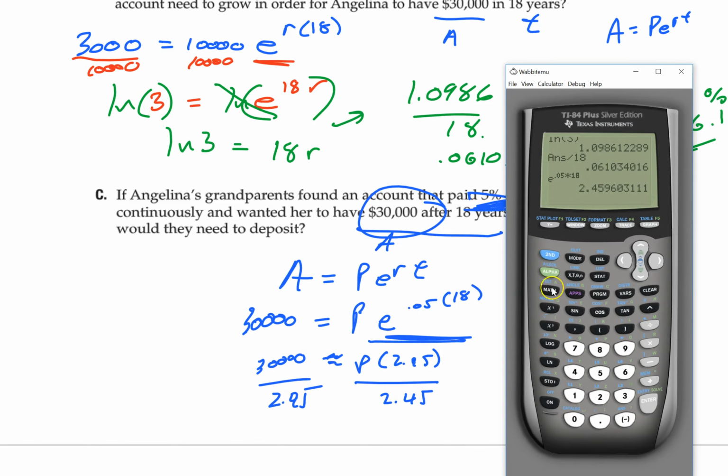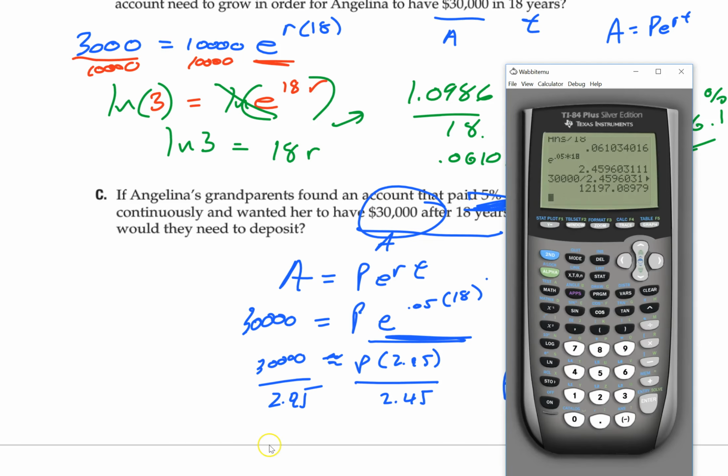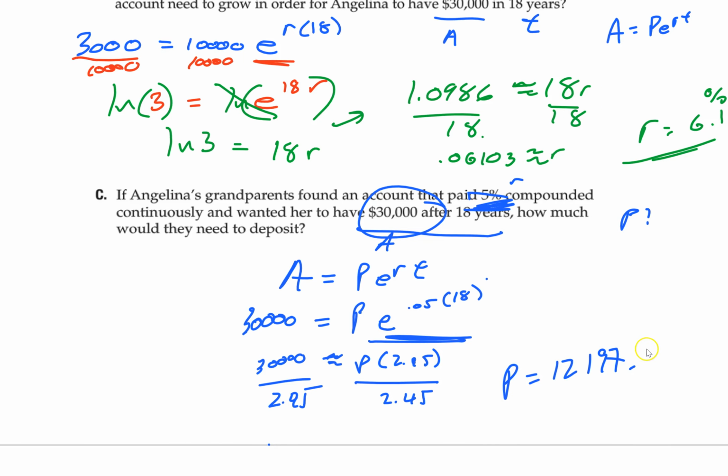So 30,000 divided by my answer there. You could just highlight your answer, or you could actually put in the second answer, and it'll get you about 12 grand, 12,197. So they need to deposit roughly $12,197, and I think it was 8 cents or 9 cents. So that's how much they should deposit. They want her to have 30 grand at the end. Shouldn't we all have grandparents that helpful? Anyway, that's it.